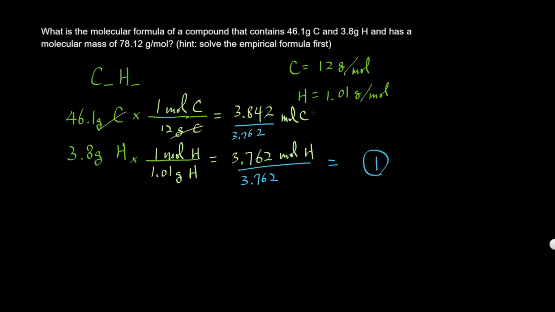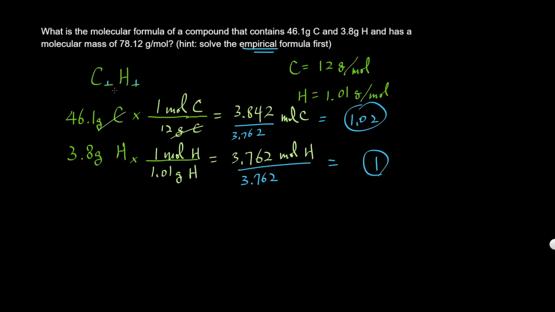This way we know the relative amount of carbon relative to the number of moles of hydrogen. That's 1.02. You see how they're really close to each other? Then it should be a 1 to 1 ratio.